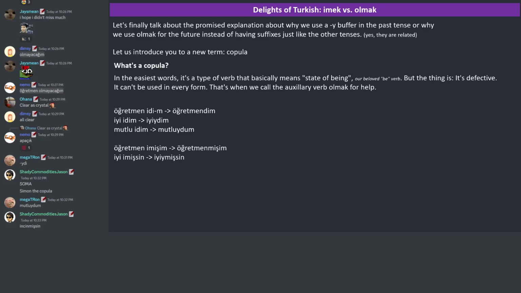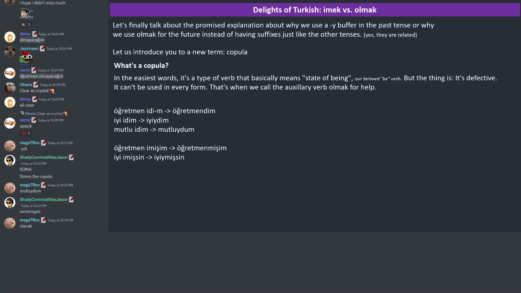And as in it is defective, it cannot be used in every form. One of them is the future. The future tense cannot be used with this copula thing, with this imek thing. I think if you think about it, there's actually an explanation why we can't use it, because imek, or this state of being, is talking about how you are or how you were.